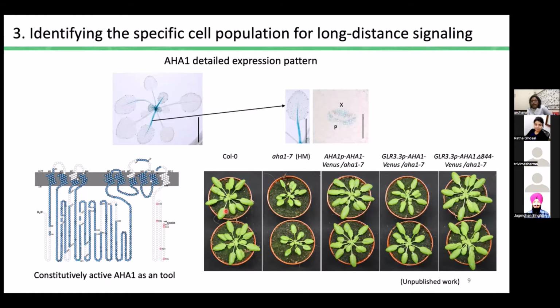When we target this in phloem tissue, the plants look bigger. So this shows that this proton pump might be constitutively active there. Further, we have expressed this active proton pump in other tissue types like xylem, and we are analyzing them for herbivory responses.